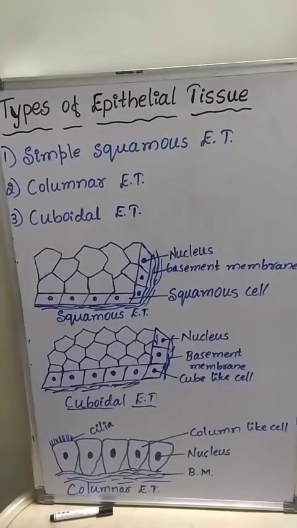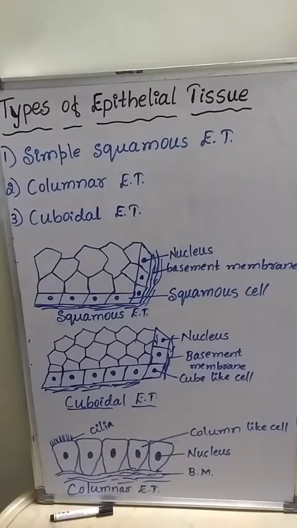Hello students, we are discussing epithelial tissues. In the last class, we discussed what epithelial tissues are and where they are present. Epithelial tissues form a continuous sheet of closely packed cells that cover almost all the external and internal surfaces of the animal body.